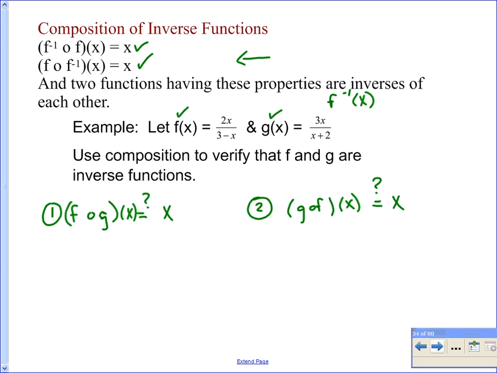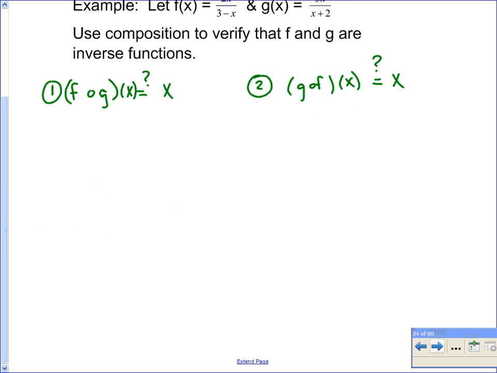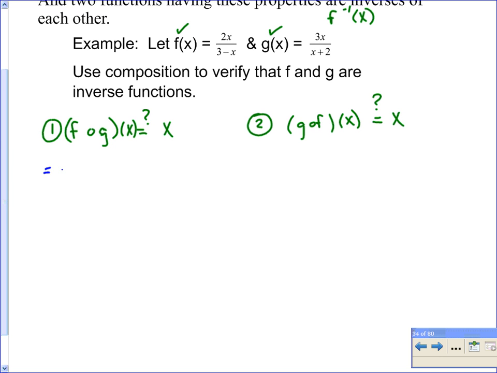If both of those conditions are true, then g and f are inverses of each other. So we're going to work through this problem. So let's start out with f of g of x.